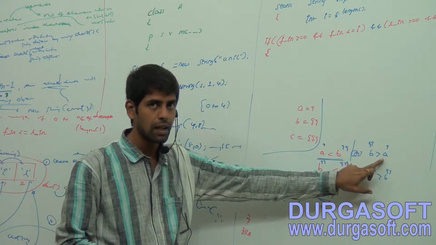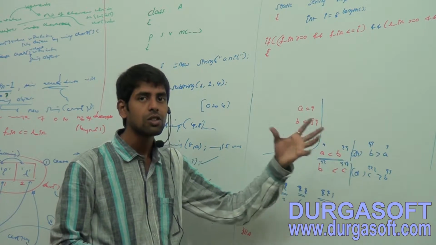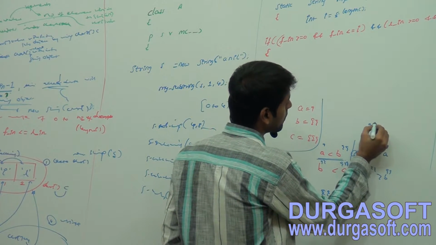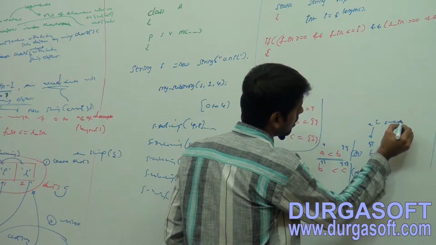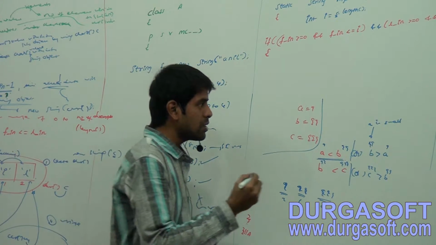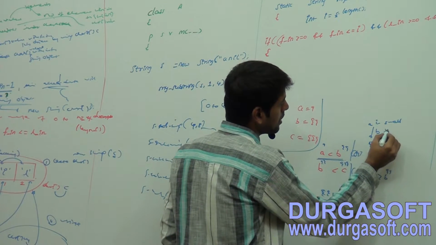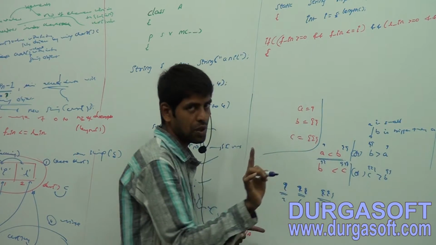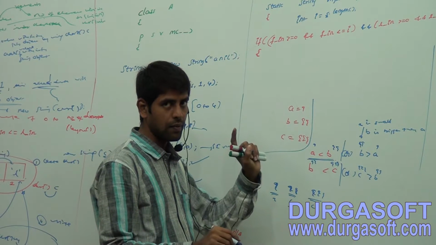B is greater than A. A is smaller. Simple thing. A is small. Now B is what? B is bigger than A.